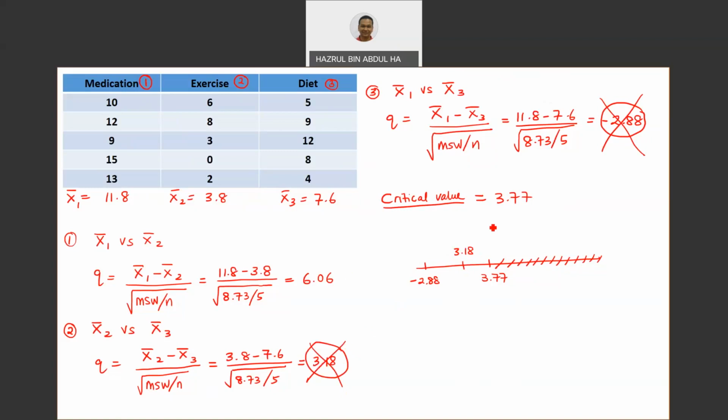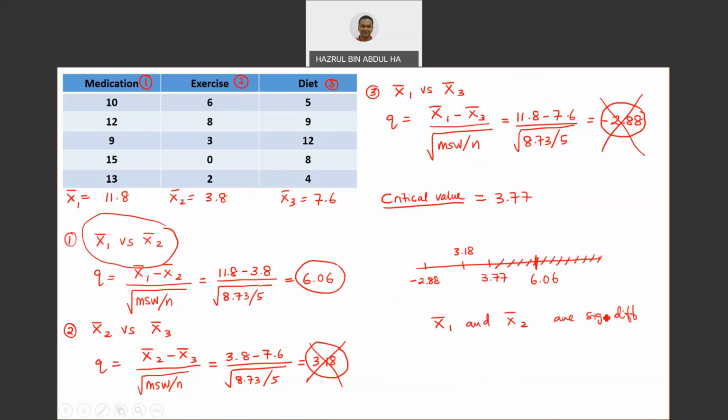And for the first comparison, 6.06 is in the critical region, meaning that there is a significant difference of mean between the first group and the second group. So x bar 1 and x bar 2 are significantly different.